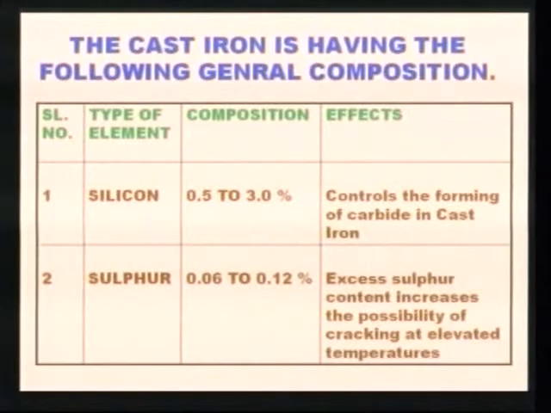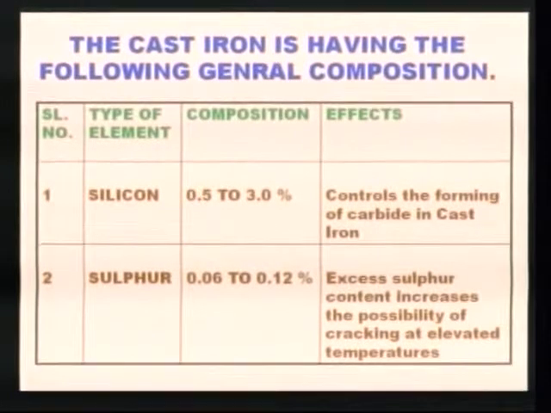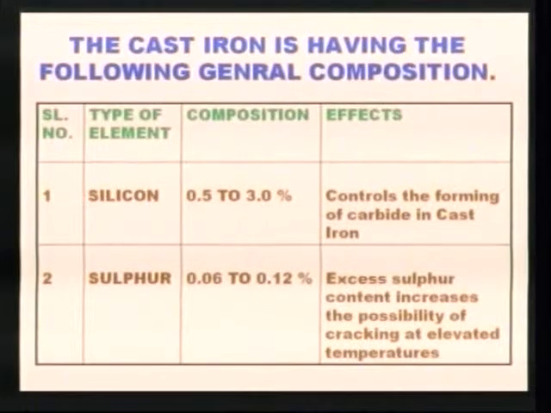Apart from iron, cast iron has the following general composition. It also has silicon 0.5 to 3.0 percent, and it controls the forming of carbide in cast iron. And second, sulfur, 0.06 to 0.12%.